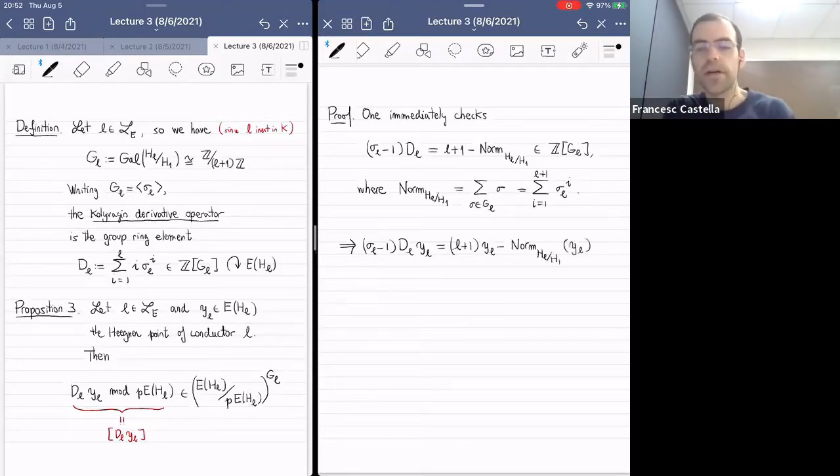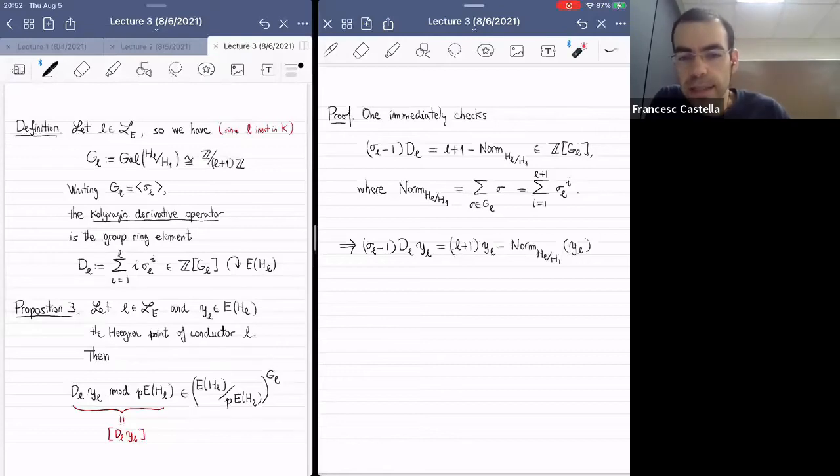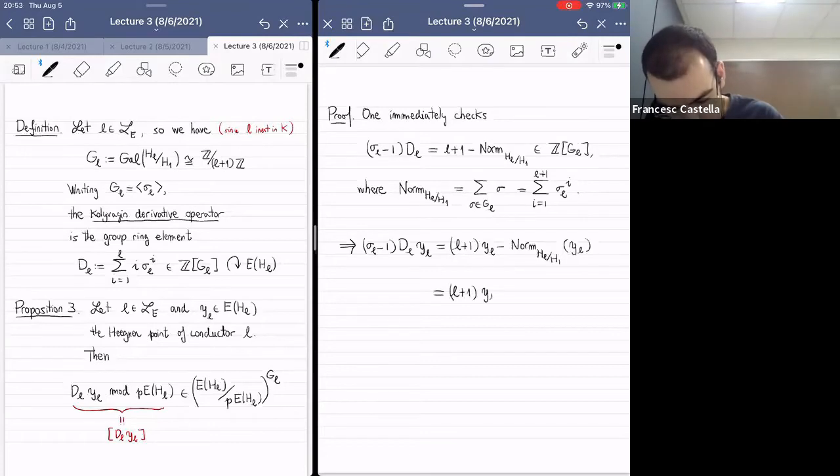But now you might remember an expression for this that we saw in the first proposition, the norm relations. What we're going to get is a_L times the point of conductor 1. So by the norm relations, this is L plus 1 times y_L minus a_L times y_1.